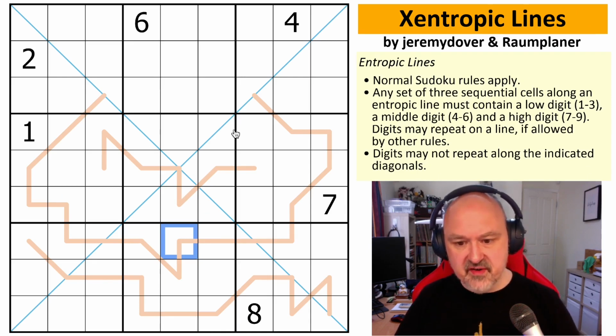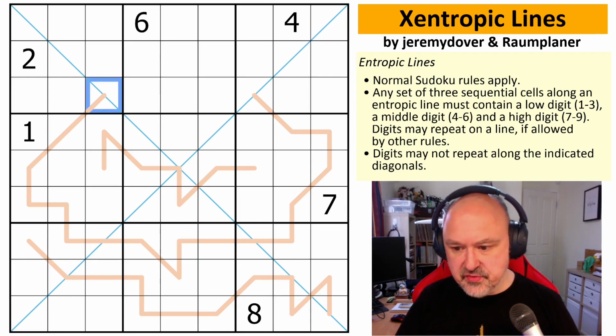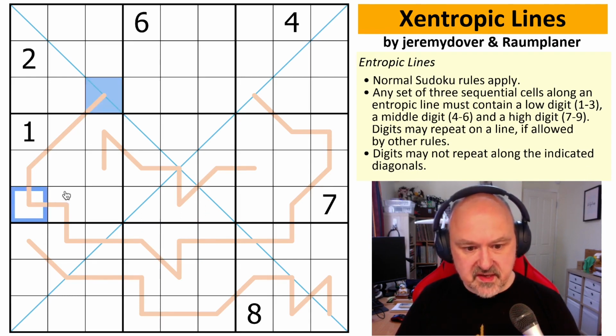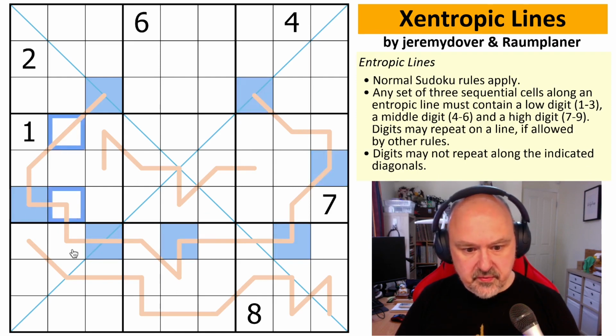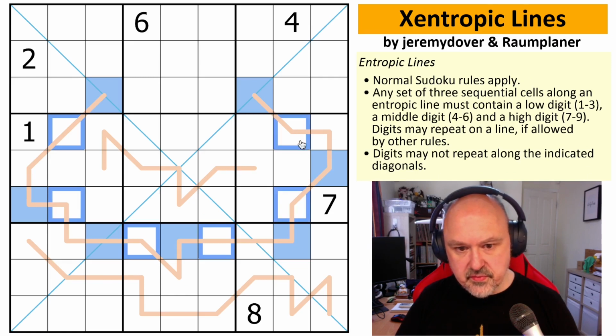It's very, very tempting to pick the longest line and do the same thing, isn't it? So blue, every third cell, 1, 2, 3, 1, 2, 3. Make those blue. I've done that wrong.